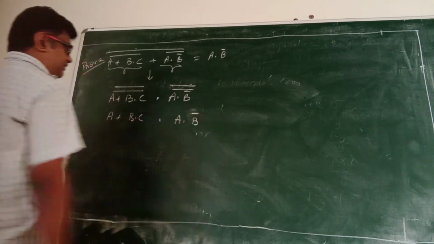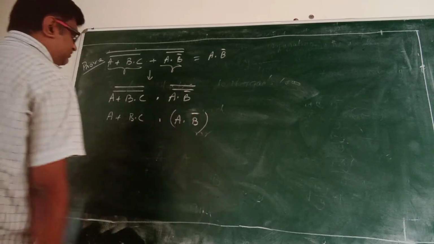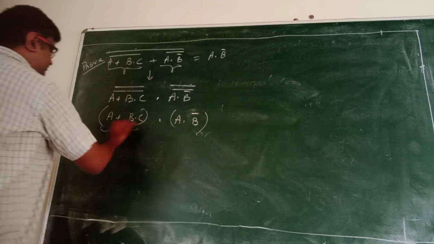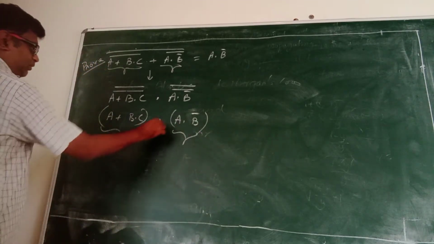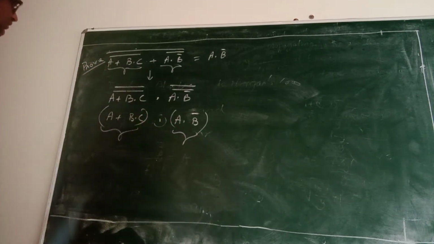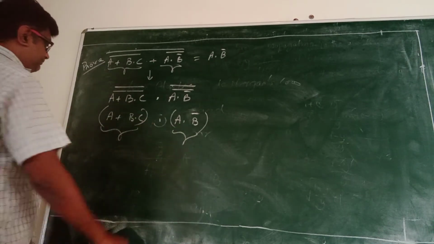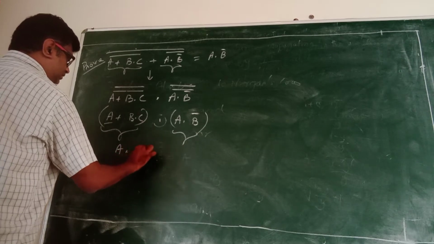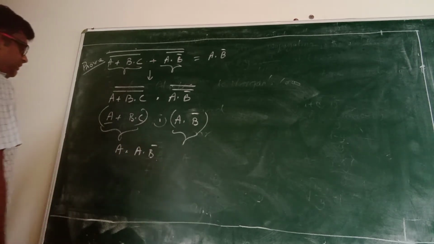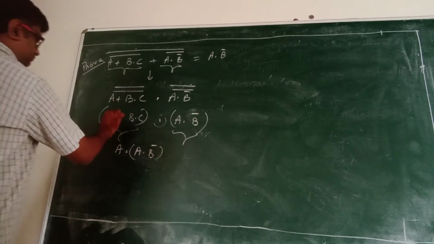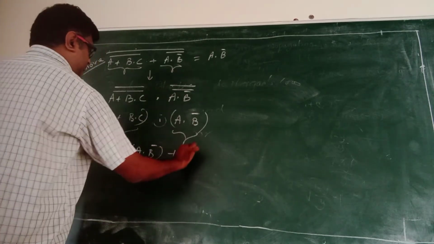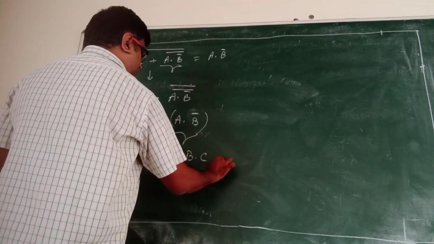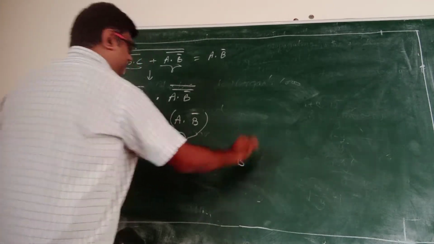Same is the situation here. Okay? You consider this as one signal now. You consider this as another signal. Okay? This is one signal. This is another signal. What is the operator now? AND. So we can use a distributor now. So A dot B bar plus B dot C, dot A dot B bar.